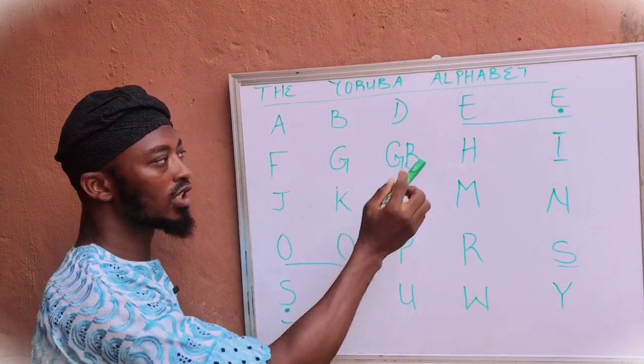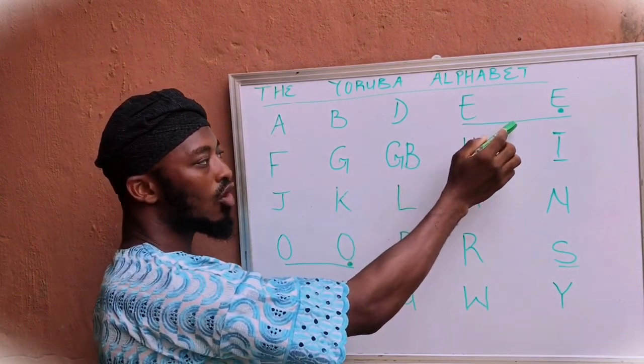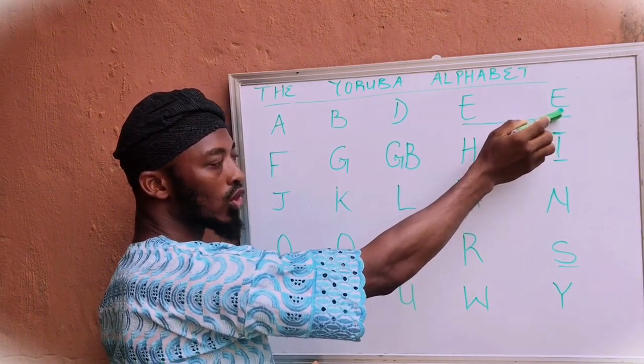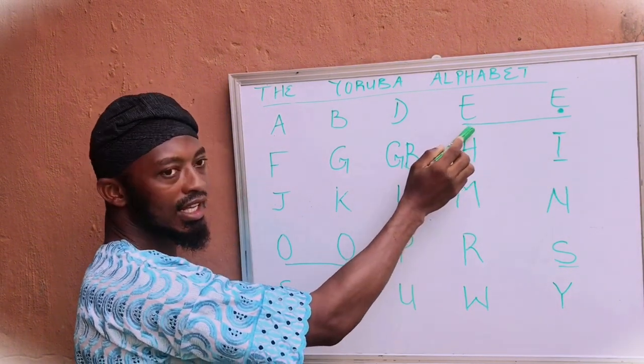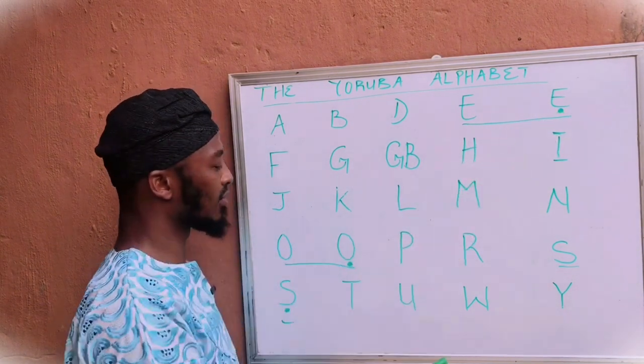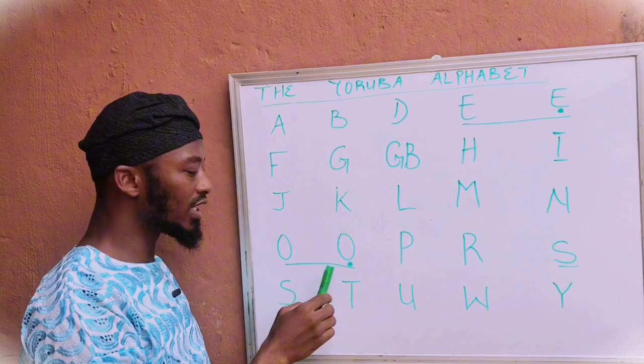Take note of the three letters that come in like two: E, O, and S. The second of each has a dot under it. This is E, and this is Ẹ. This is O, and this is Ọ.